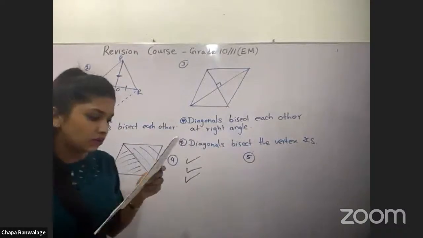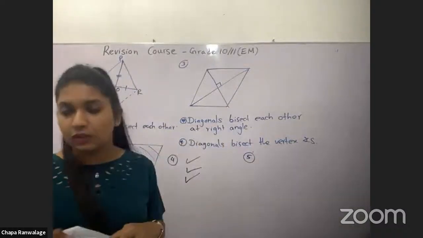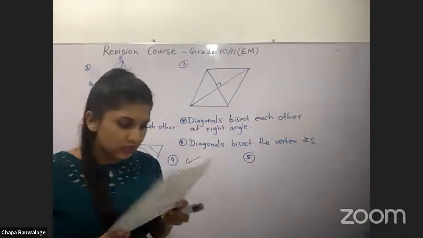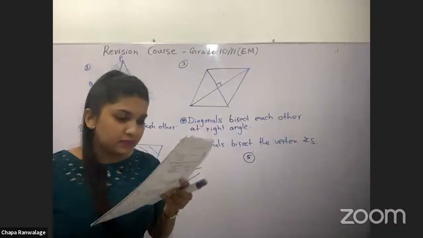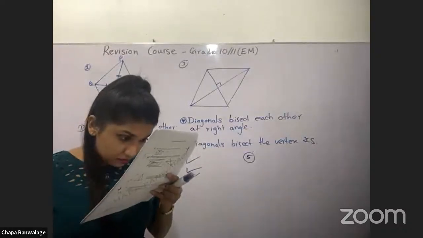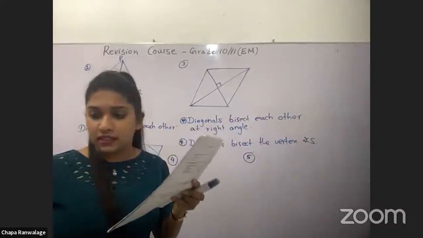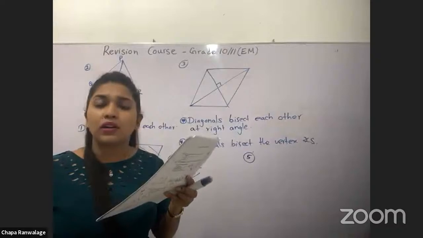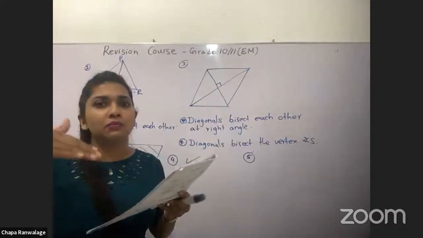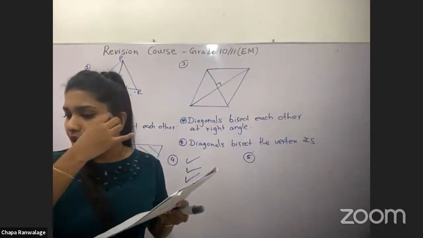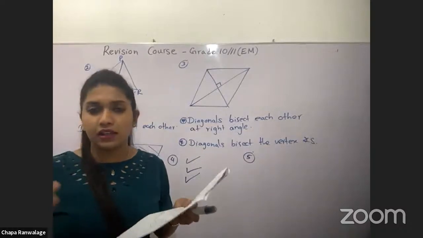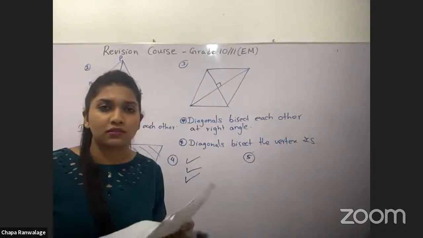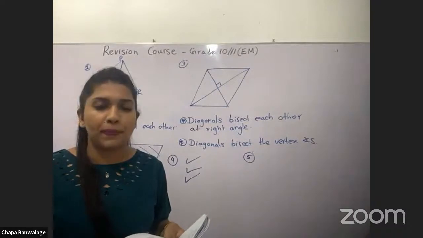Fill in the blanks using the suitable words. 2018 O level. The opposite blank of a parallelogram are equal. What are the opposite properties that are equal in a parallelogram?